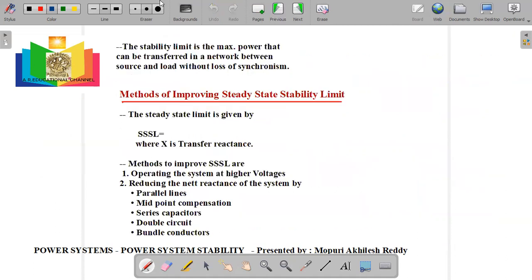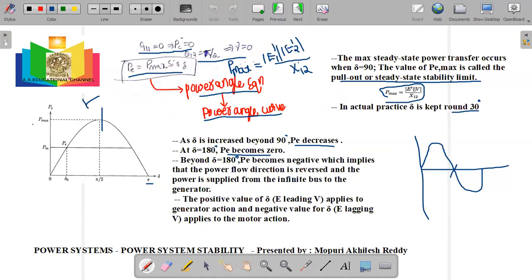The stability limit is the maximum power that can be transferred in a network between source and load without losing synchronism. That is this peak, this is the P max.